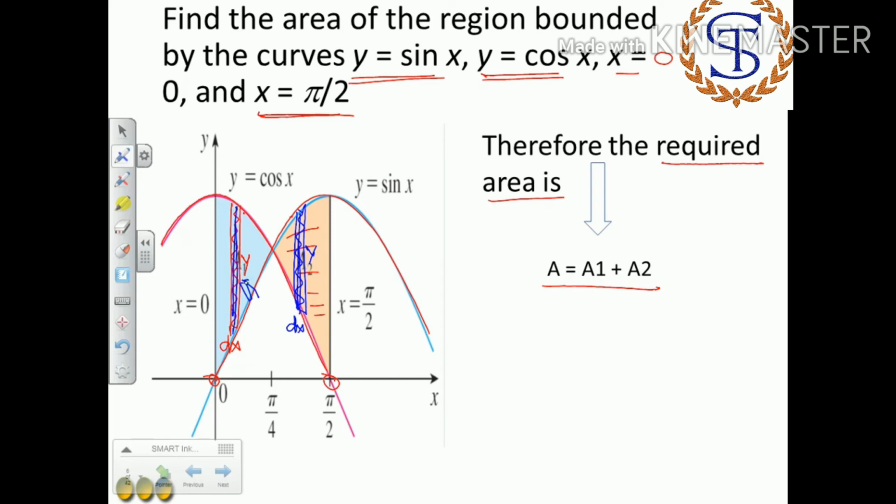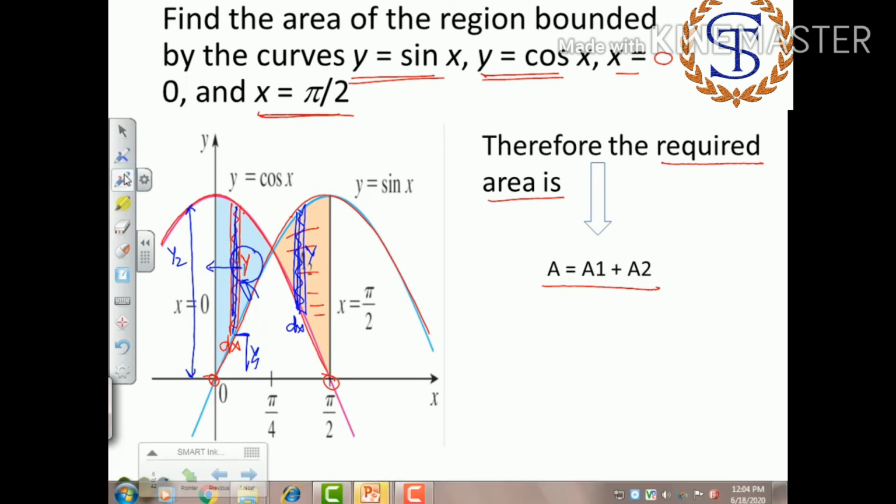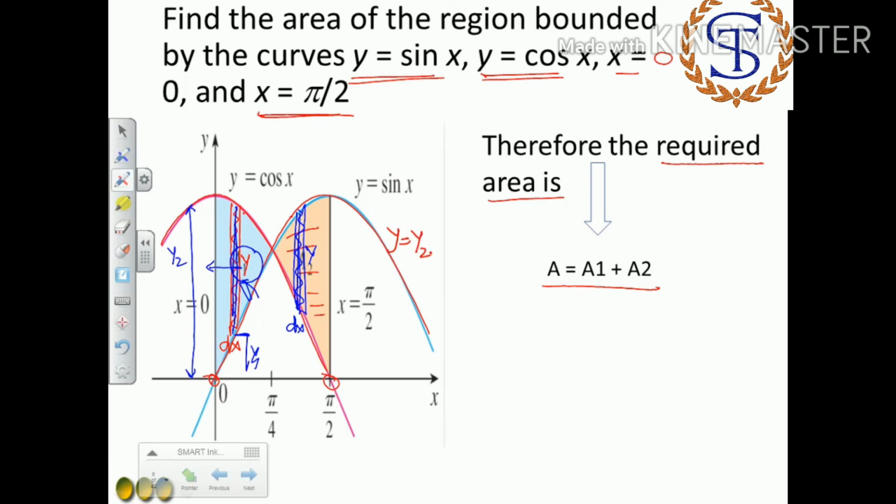Now what is y? We can have the value of y as y2 minus y1. Now what is y2 and what is y1? y2 is y equal to cos x, and y1 is y equal to sin x.